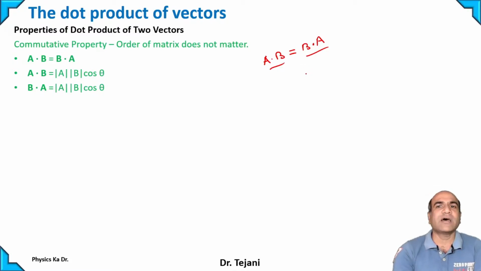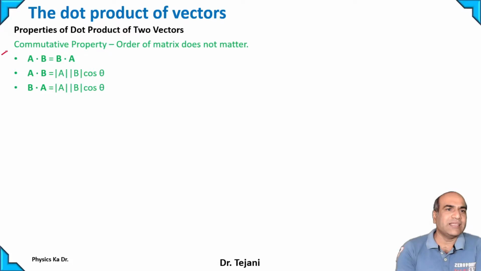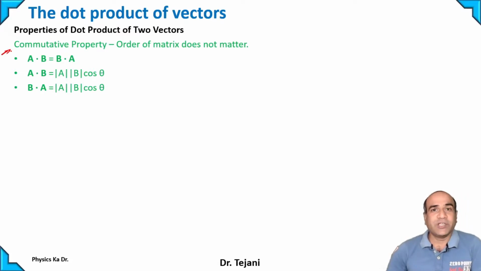The values are not going to change. Whatever values are here, if I change the order on the left hand side, it is not affecting the final result, because A dot B is equal to AB cos theta and B dot A is also AB cos theta. So it is not changing its value, and that property is known as the commutative property.